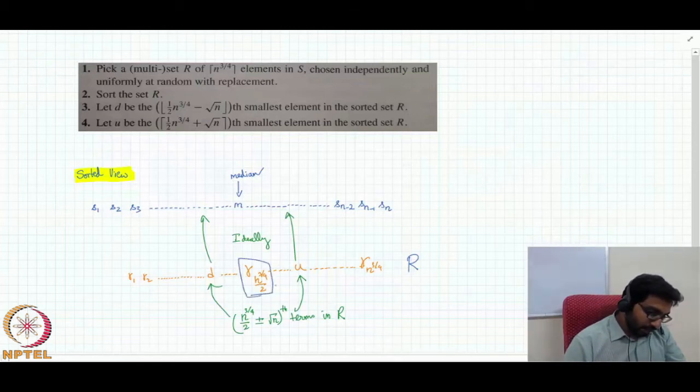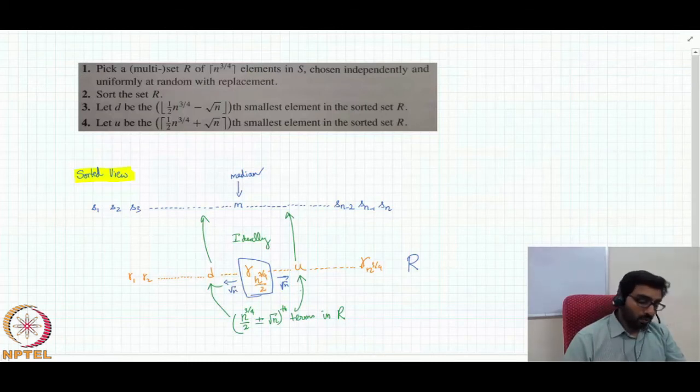Okay, and from that median element, we walk square root of n steps to the left and look at the element over there. That is our designated D. From the median element, we walk square root of n steps to the right, and that will be our designated U. Okay.